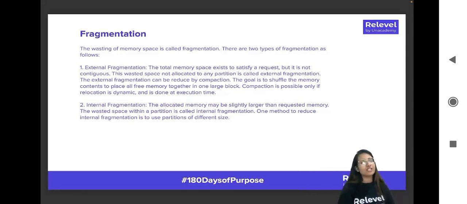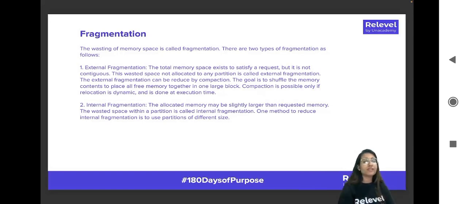This wasted space inside a partition, where one piece of memory is used and another is wasted, is known as internal fragmentation. One method to reduce internal fragmentation is to not keep the size of the partitions fixed, but to allow partitions of different sizes.